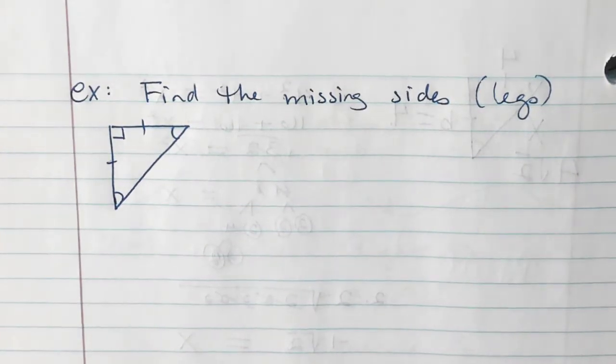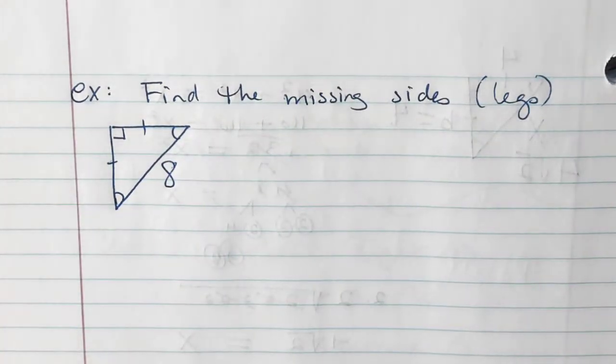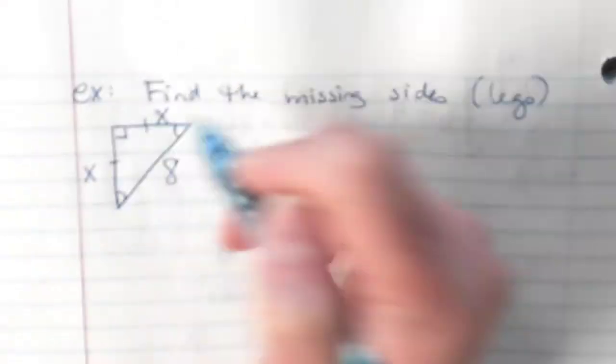And I'm going to choose the numbers for these because I want to take us down a certain pattern and path. So I'm going to tell you that our hypotenuse is 8. And I'm going to mark both of the sides as x because they're the same. So they should have the same variable label.